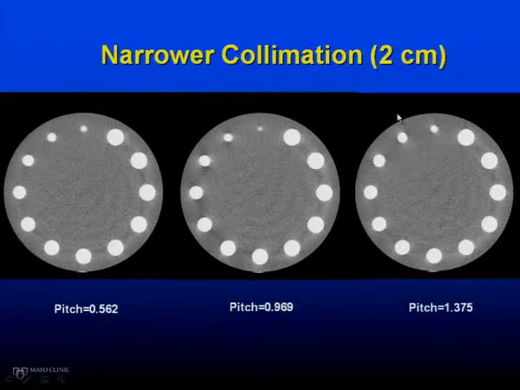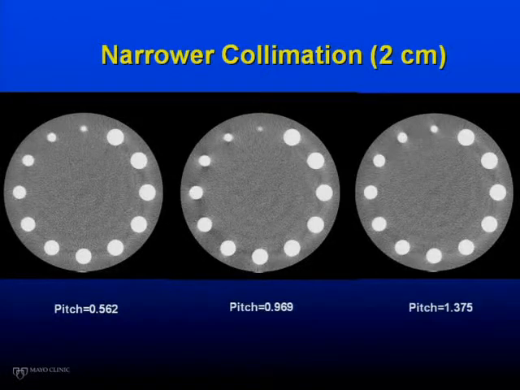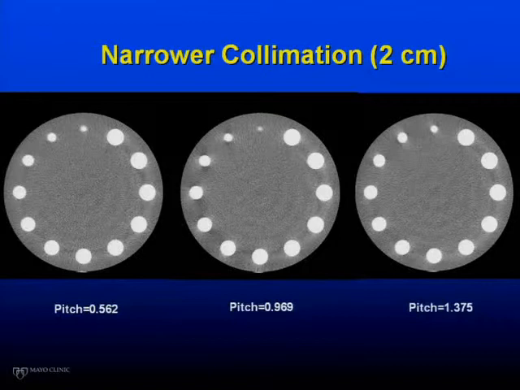For comparison, we acquire the image with a narrower collimation with the same volume CTDI. With this narrow collimation, even for a higher pitch, the cone beam artifact is not as severe as using the wider collimation.